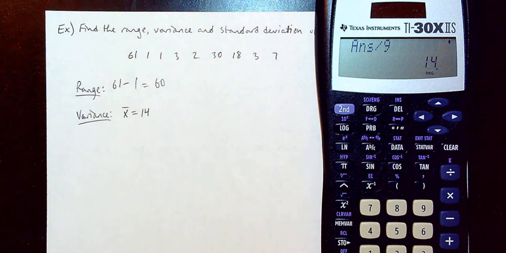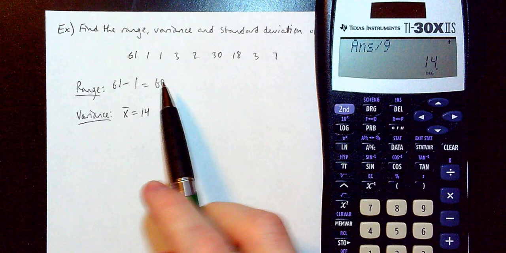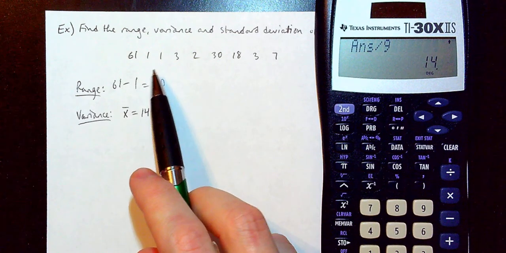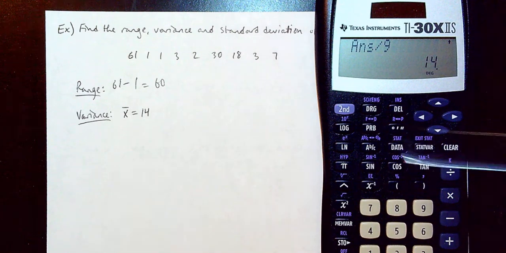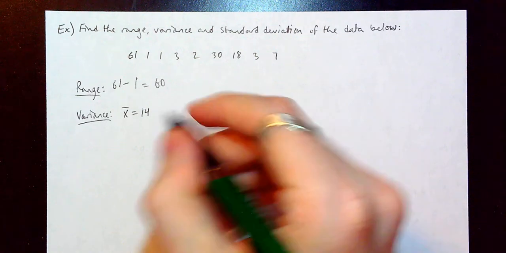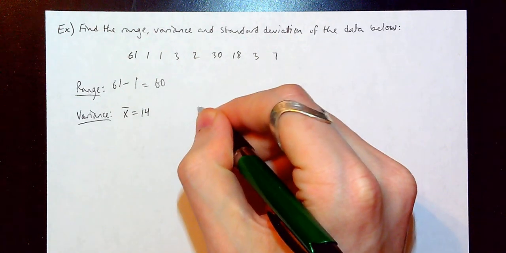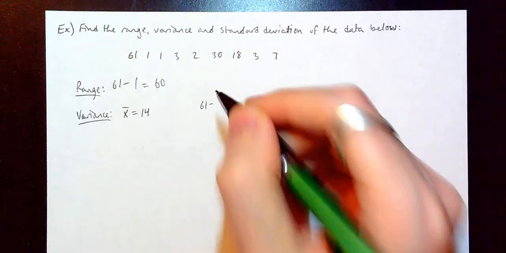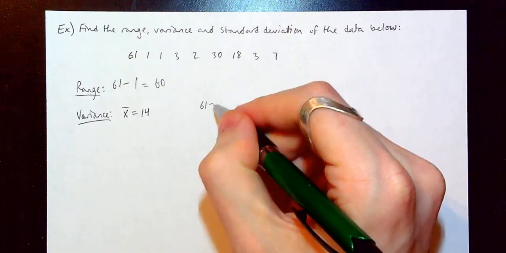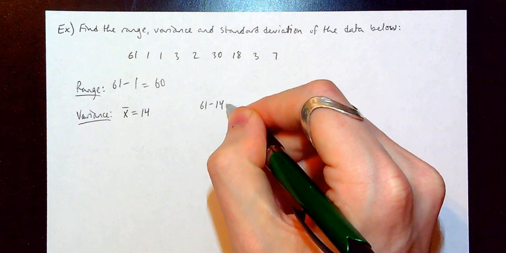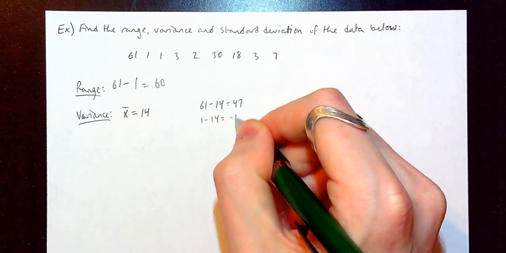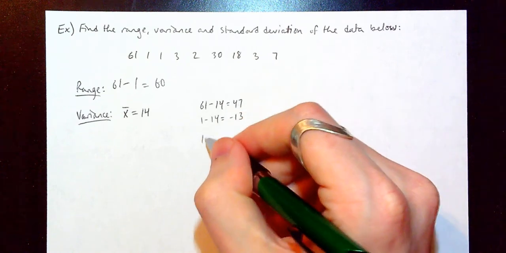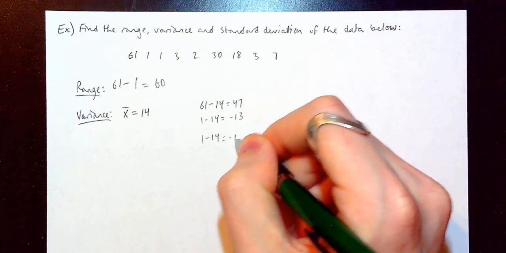Step 2, take each of these 9 data values and do data value minus the mean. So when we do that, I'll do this on the side here, and I'll do a couple of them, but not all of them. 61 minus 14 is going to give me 47. 1 minus 14 will give me negative 13. 1 minus 14 gives me negative 13 once again.